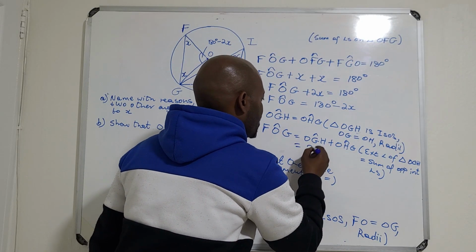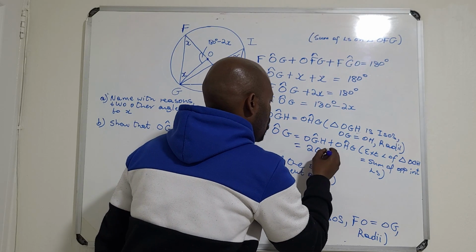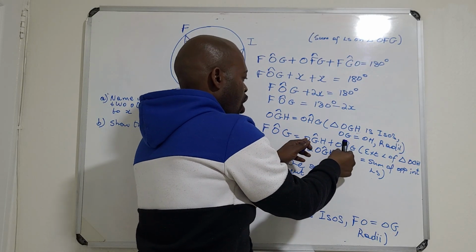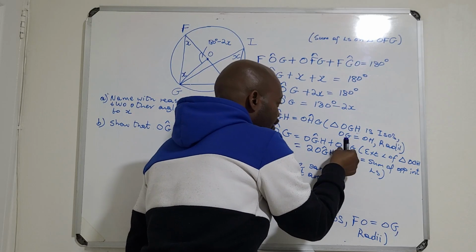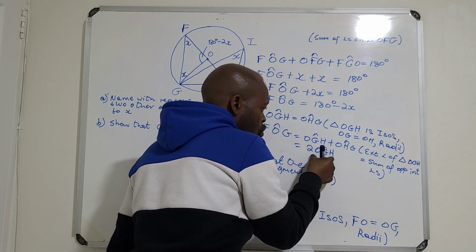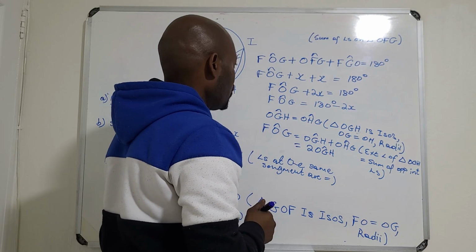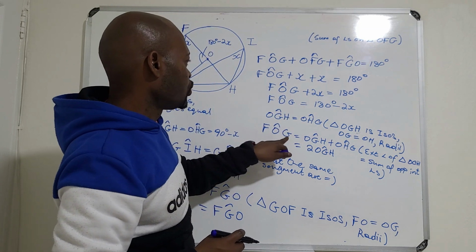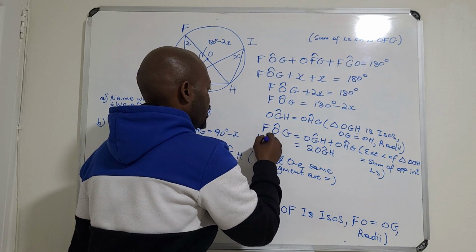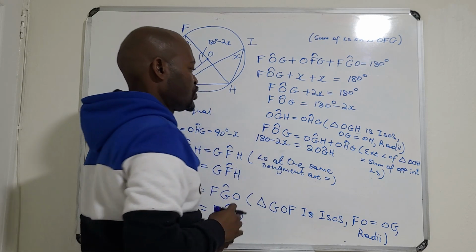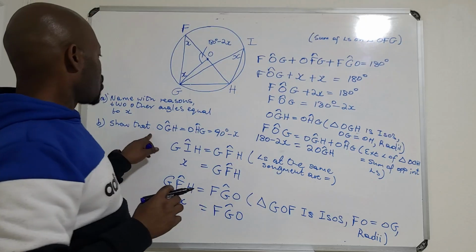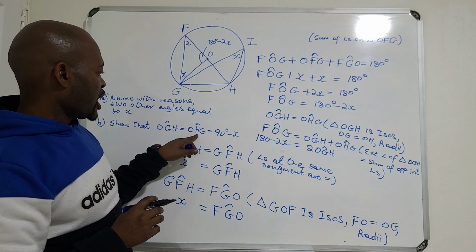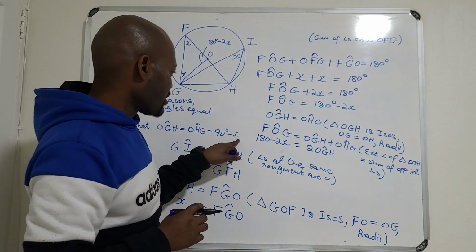Therefore, we know that this is equal to that. Then we can have 2 angle OGH, because we can put angle OGH here. This plus this becomes 2 angle OGH, which is equal to angle FOG. And angle FOG is 180 minus 2x. But we were told to show that angle OGH is equal to angle OHG equal to 90 degrees minus x.